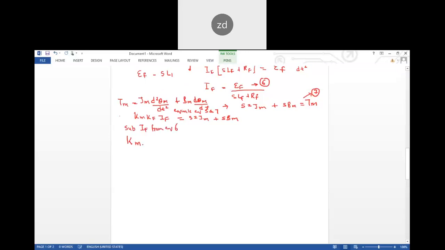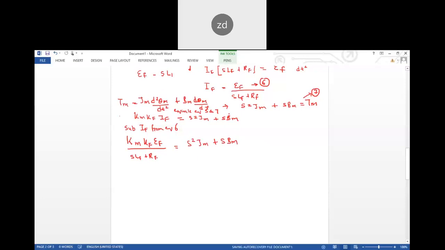What we have is Km Kf, instead of if we can write Ef over s Lf plus Rf, would be equal to s square Jm plus s Bm. So this is the term that we are going to get.